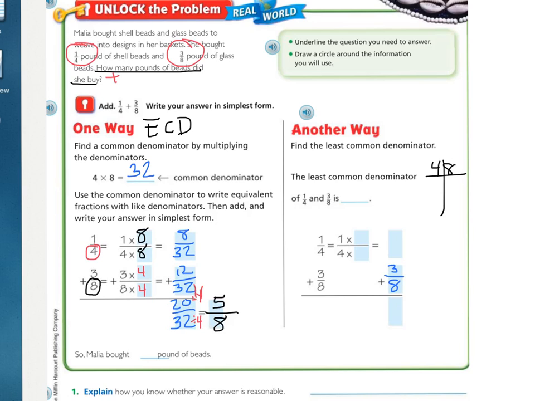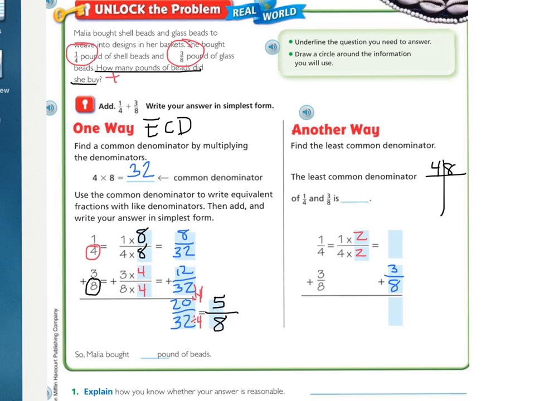and now I only need to change the top fraction so that we have the same denominator. And what do I need to do to this 4 to make it an 8? I need to multiply it times 2. That means I need to do the same thing to the numerator.